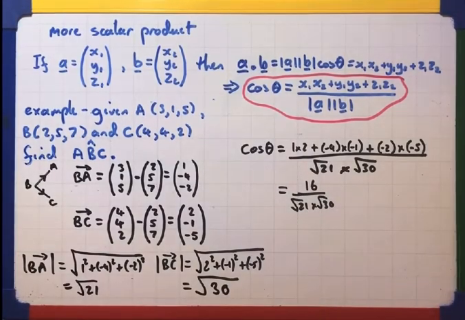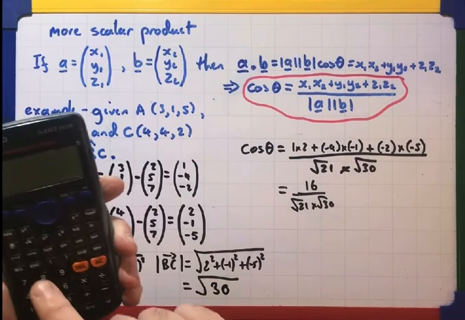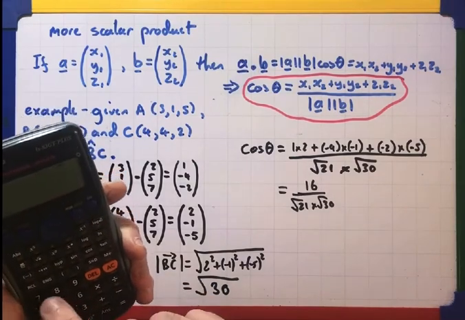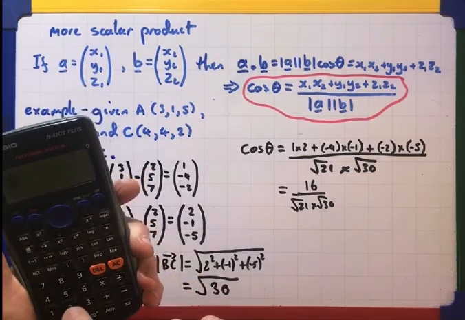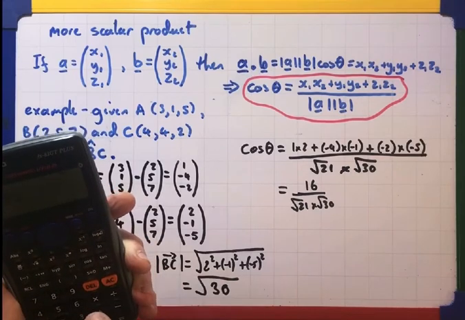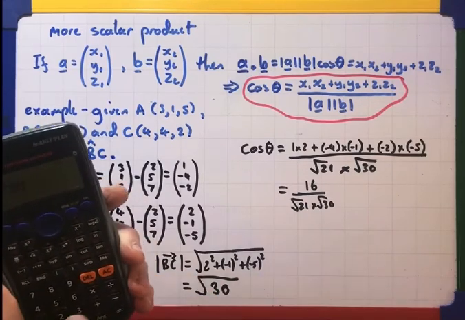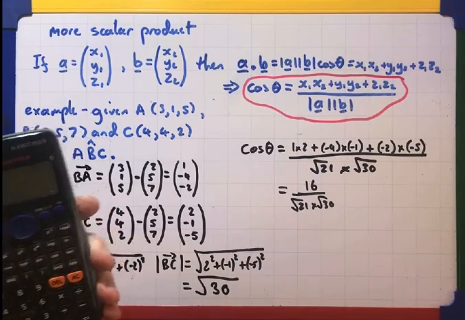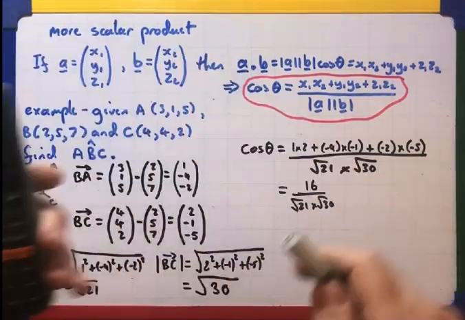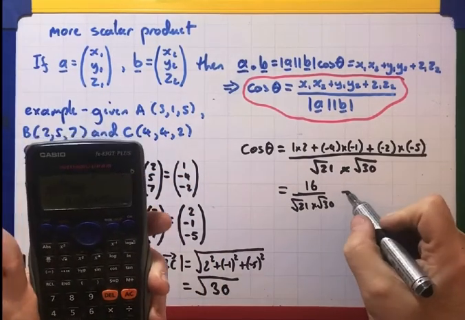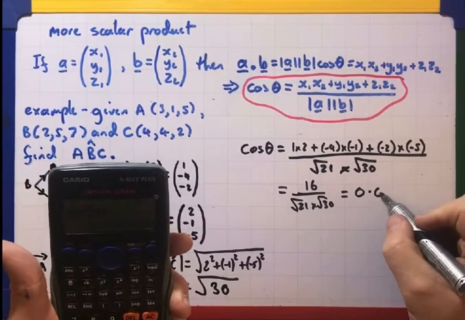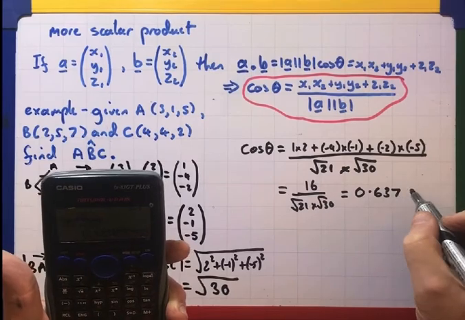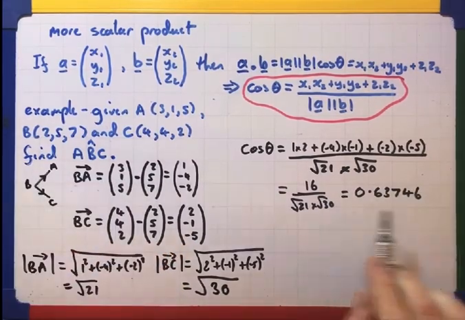Going to reach for my calculator now. What have we got? 16 over, and it'll nicely do roots, root 21 times root 30, equals, and it gives me, I would keep quite a lot of accuracy, so I'd keep at least 5 decimal places here. 0.63746 to 5 decimal places.